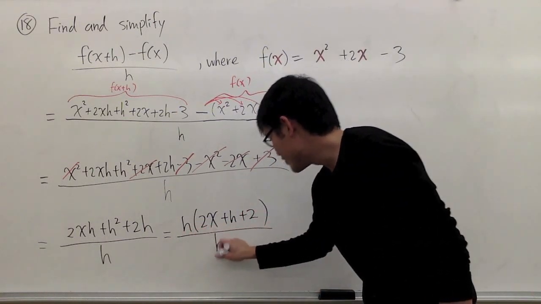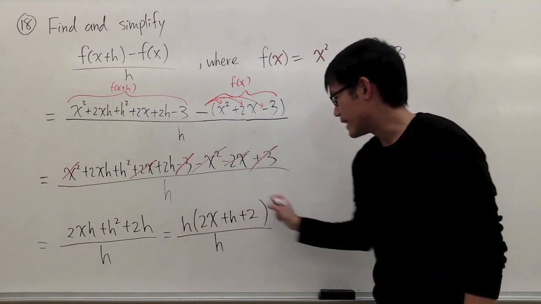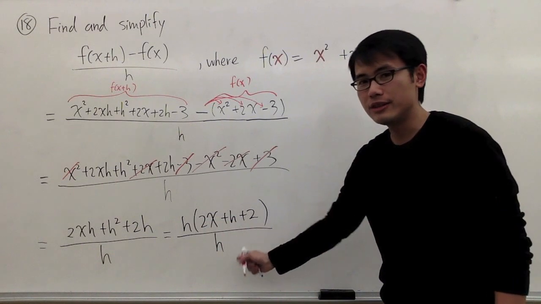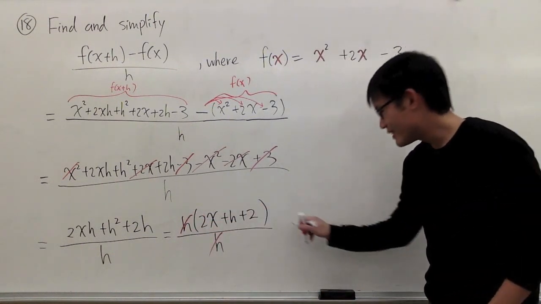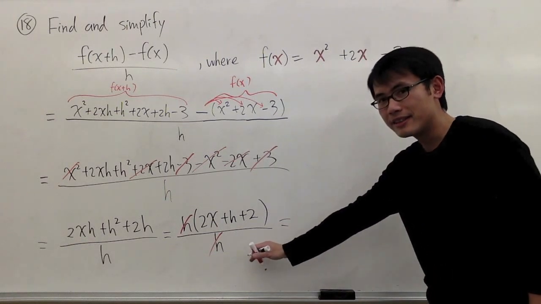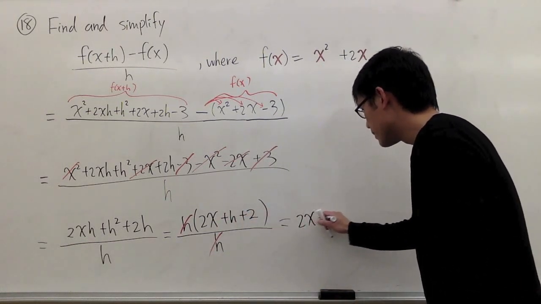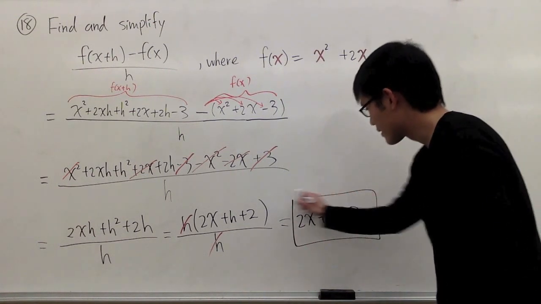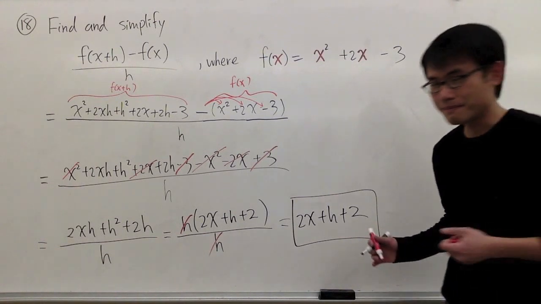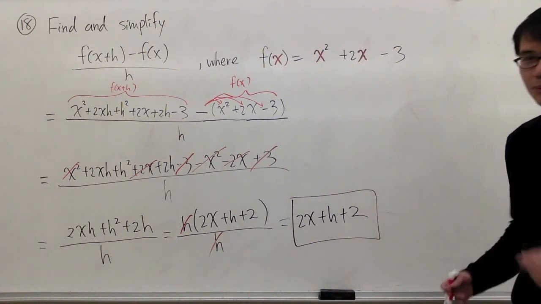All over h. Now you see, I have h times that, but we also have h in the denominator. They cancel out. So the final answer, no more denominators, is 2x plus h plus 2. And that's the final answer. It's a lot of work, I know, but it's pretty cool, right?